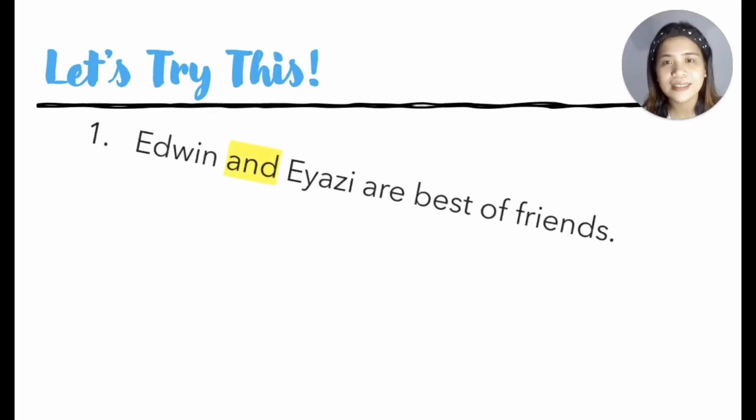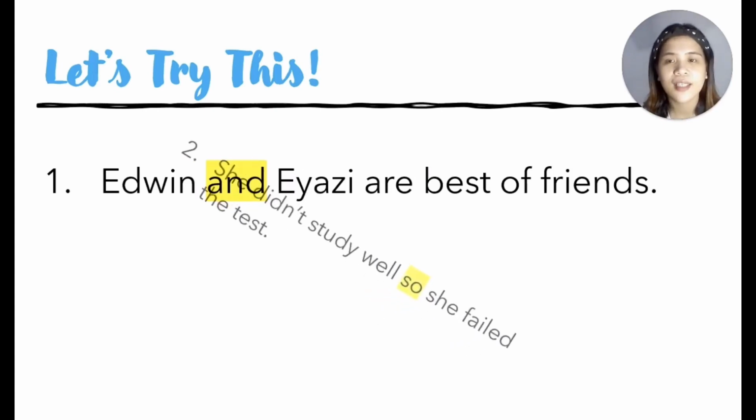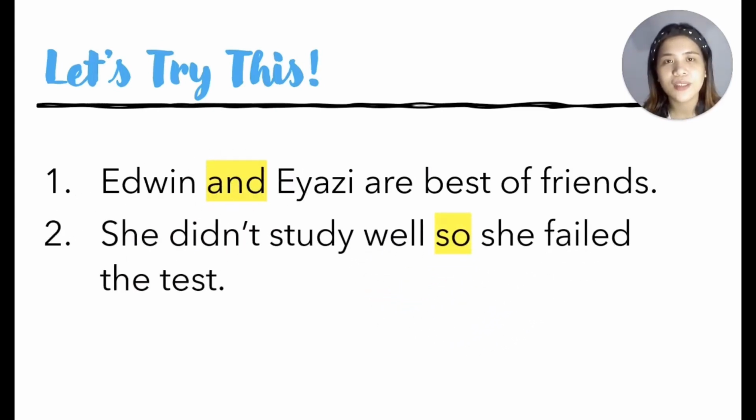Answers: 1, and, so it connects the names Edwin and Iazi. And then for number 2, the answer is so. It connects the 2 clauses, your 2 independent clauses. She didn't study well. That's 1 complete sentence. She failed the test. That's also another sentence.